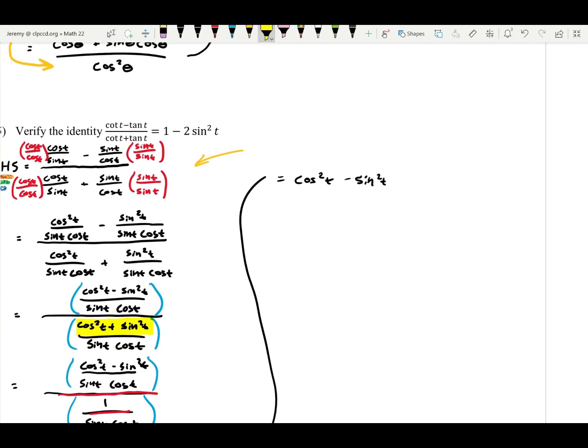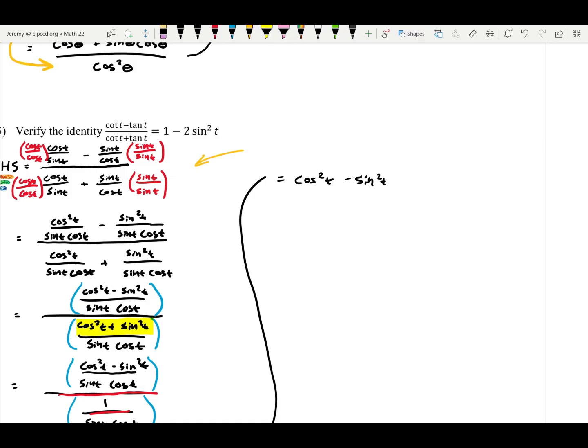Okay, and another look back at what we're aiming for. We want to get to 1 minus 2 sine squared t. So we already have 1 negative sine squared t. I am hoping to get another negative sine squared t to pop up. So I'm looking at this cosine squared t and thinking, what can I do with this?